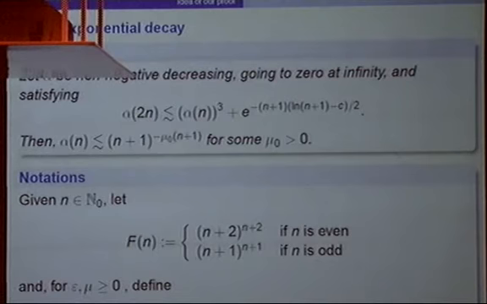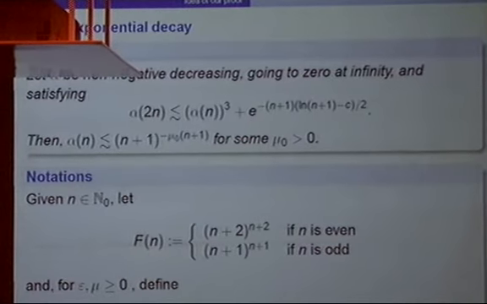Basically, to prove this theorem, we need to use that alpha is non-negative, decreasing, and equal to 0 at infinity, and just use this self-consistence bound. And then we could get this super exponential decay. And maybe you can guess how we can get this from this. This already has some super exponential term sitting there.